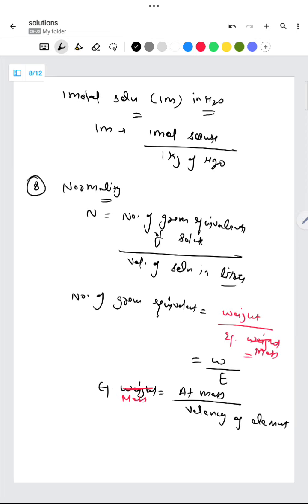For an acid, it is equal to molecular mass divided by basicity, and for a base, it will be molecular mass divided by acidity.